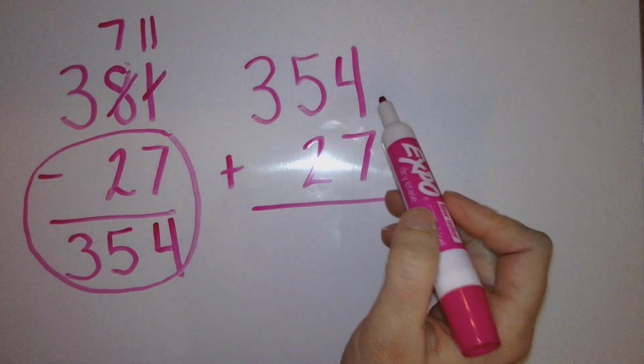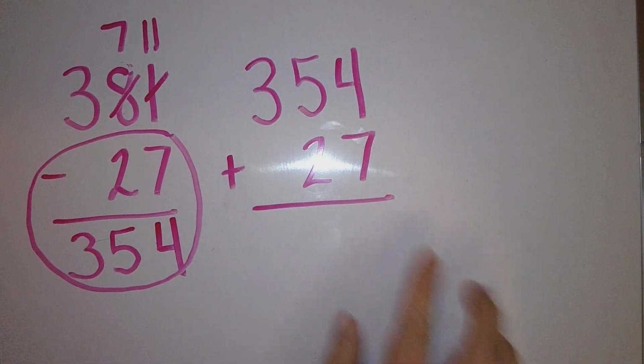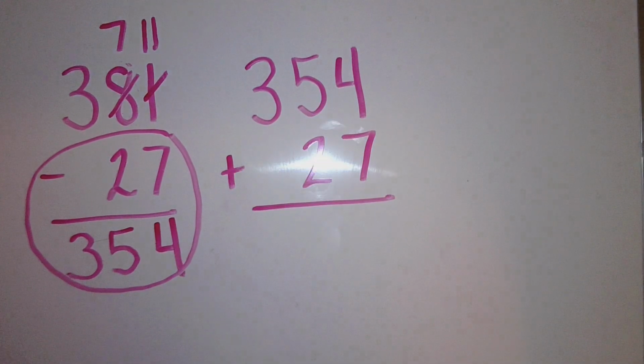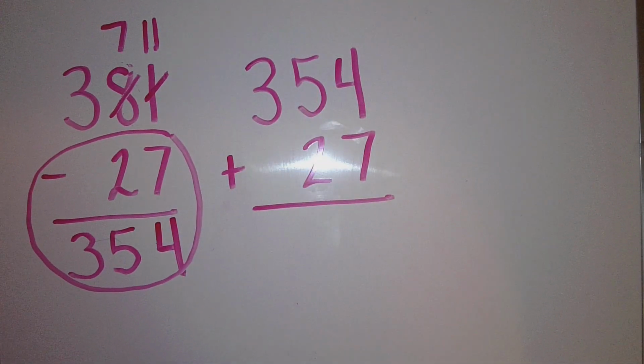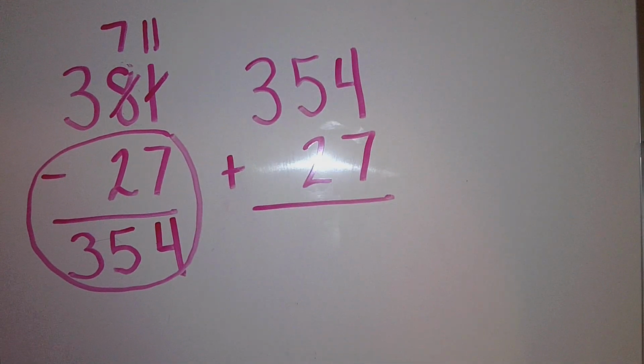Okay, so 4 plus 7, they can put 7 in their head and count up 4. So 7, 8, 9, 10, 11. Okay, so we have 11 ones. They know that they cannot have 11 ones in the ones place. They have to bundle 10 of those and move that bundle over to their tens place.